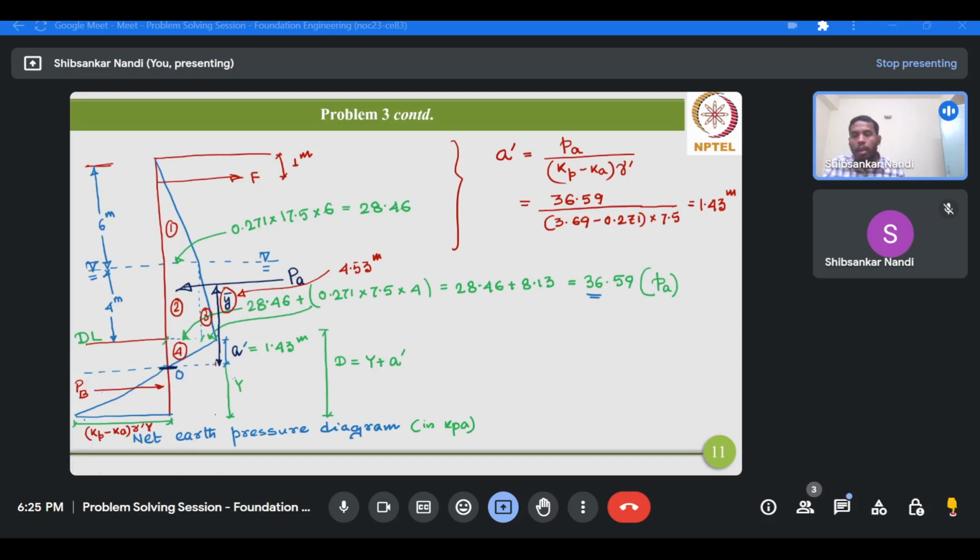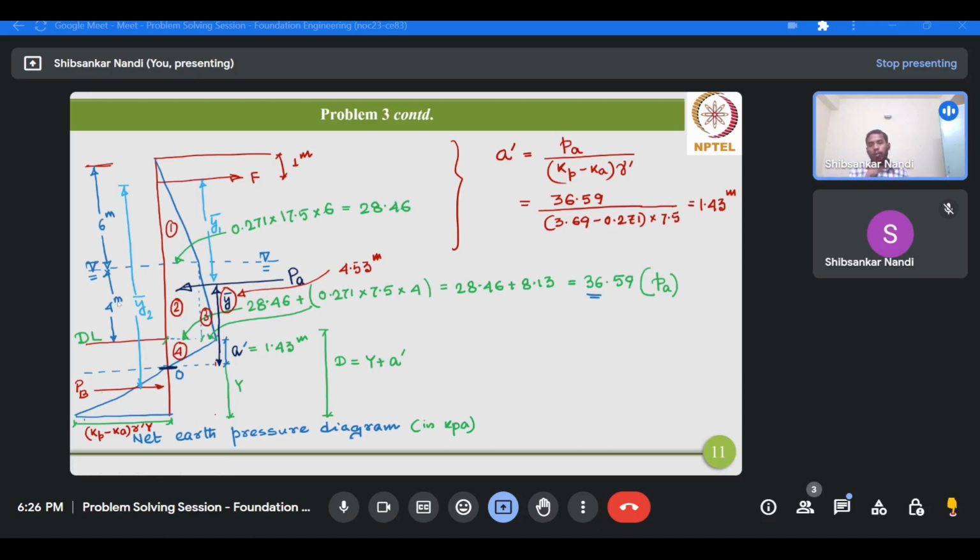What are the lever arms of PA and PB with respect to this anchor level? From the anchor level, this would become Y1 bar, and for PB we will consider this lever arm value as Y2 bar.